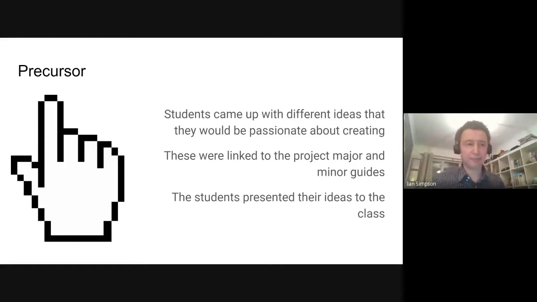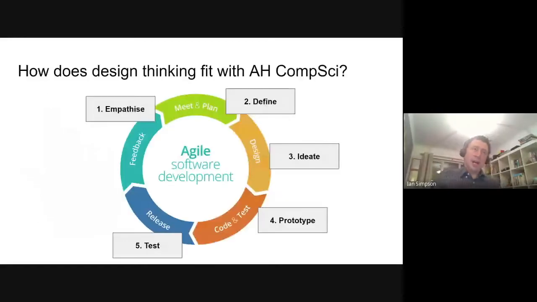So how does design thinking fit in with advanced higher computing science? Well, starting with the Agile software methodology, where you meet and plan, design, code and test, and then release and get feedback. And you do that as very quick sprints, and you iterate through as many sprints as you can. The design thinking fits in those grey boxes there. So you empathize with the client or the user, and you work together to define the problem you're going to solve.